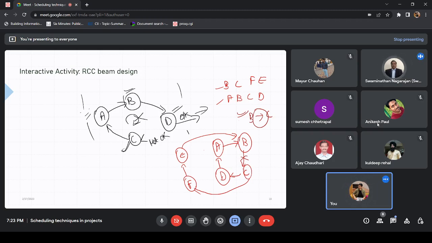As in lectures, ma'am has discussed the numerical DSM, where we get the strengths or weights of the relationships. If it is a heavy weight relationship, or so much depends on that relationship, you are not going to make assumptions there. Like coming to the beam design question itself, you know that after analysis you have to do a design check.